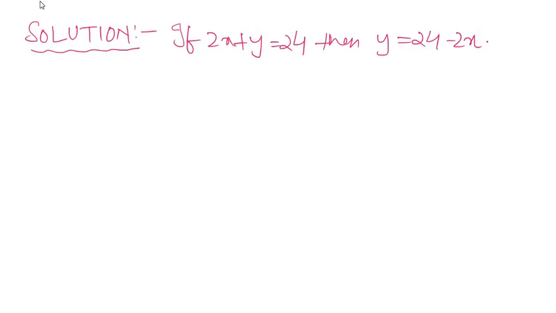I hope everybody understands this. Now for x equal to 1, the y value will be equal to 24 minus 2 into 1, that is equal to 22. Okay, the value of y is 22.